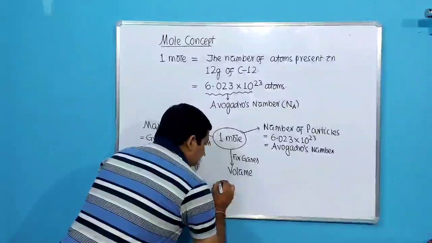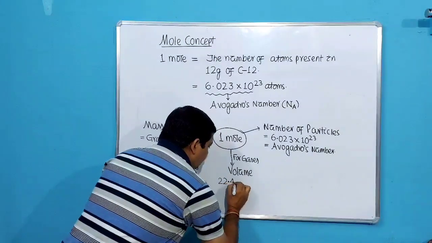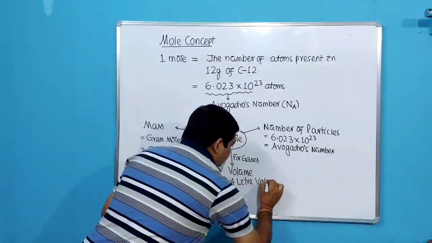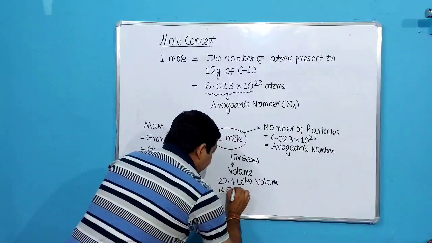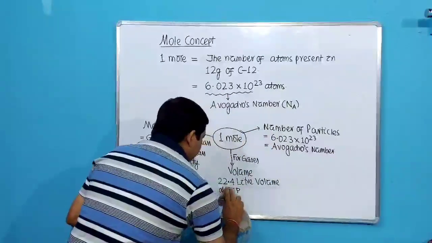What is the volume occupied by gases? 22.4 liter volume at STP, or better you remember it in terms of NTP.